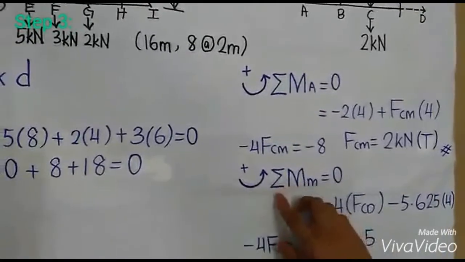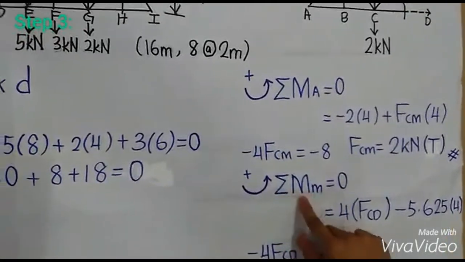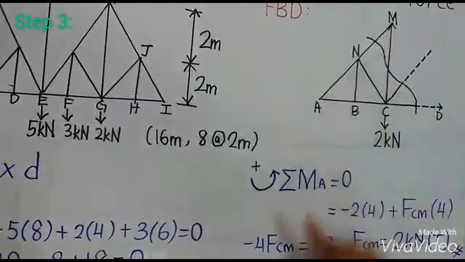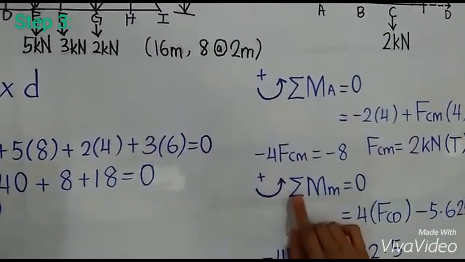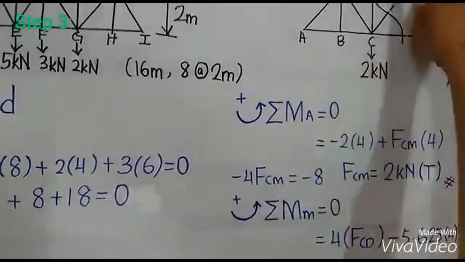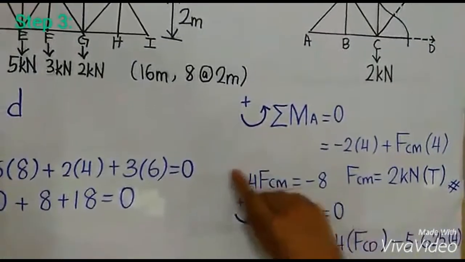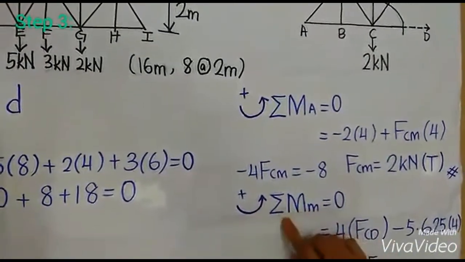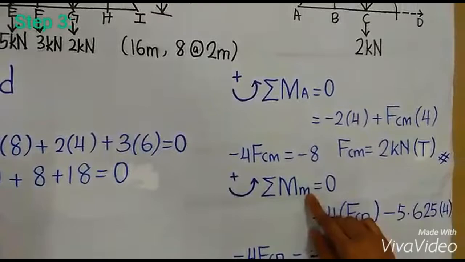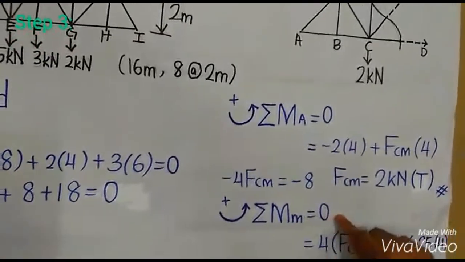Then we need to find the summation of moment at point M. We assume that the summation of moment at point M is positive in counterclockwise direction, and the summation of moment at point M equals 0.